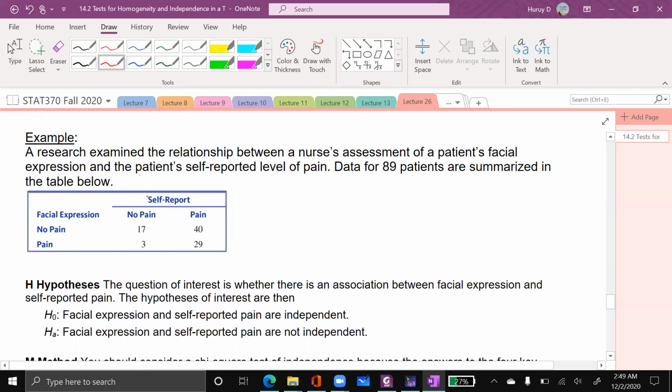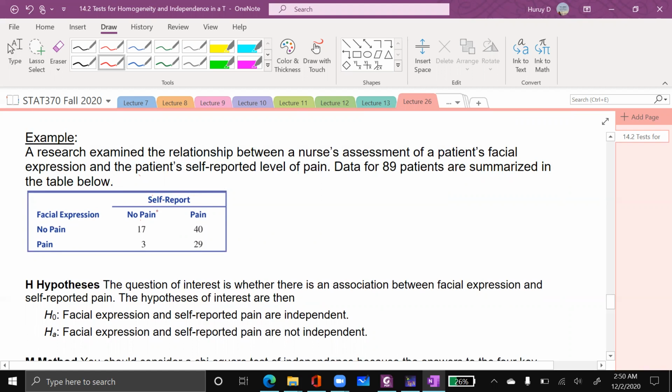And the way we put it in the table, it will again be a two-way frequency table. So here we have the self-report, no pain, pain, and the facial expression, no pain, pain. The self-report is the actual result, whether they had pain or not.